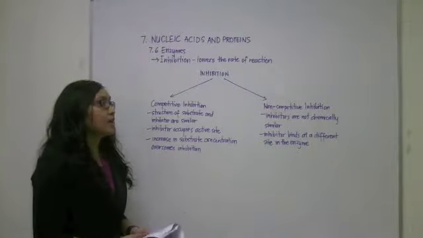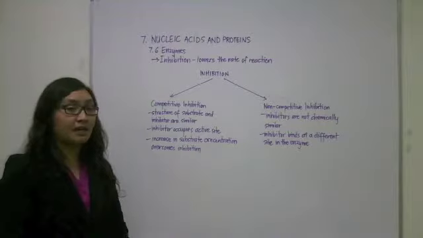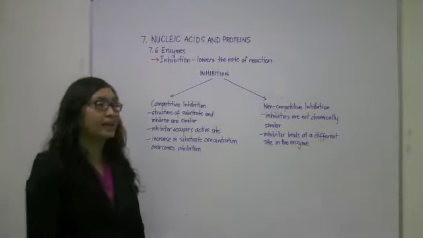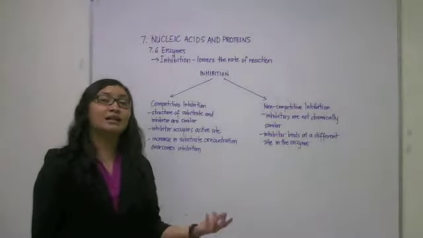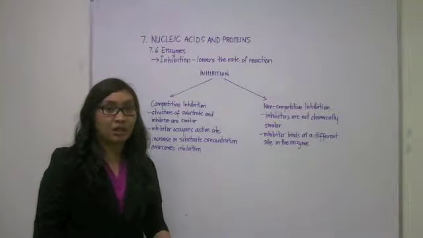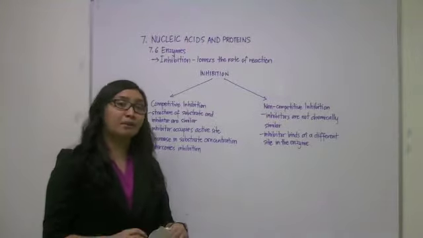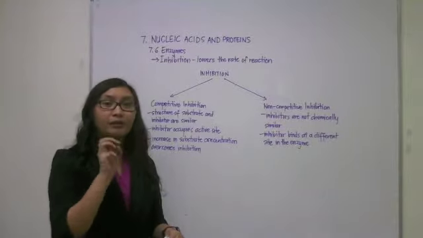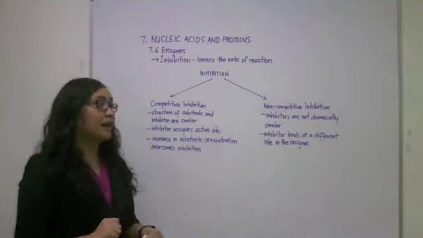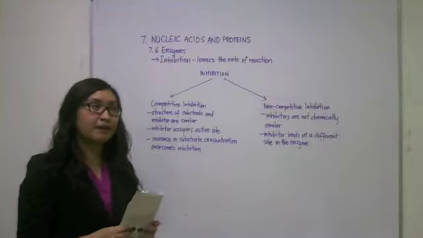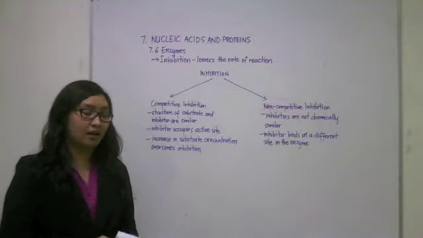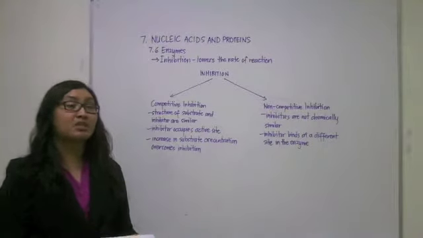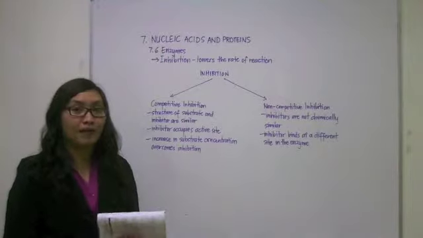In the case of non-competitive inhibition, the inhibitor itself is not chemically similar to the substrate. So the inhibitor binds at another site or area within the enzyme molecule. And when this inhibitor binds on the other side of the enzyme molecule, this changes the shape of the active site.